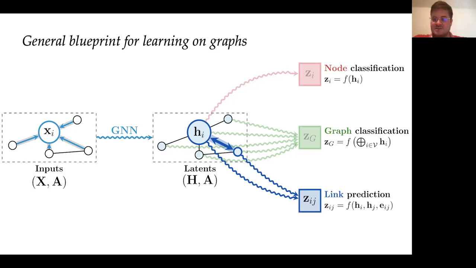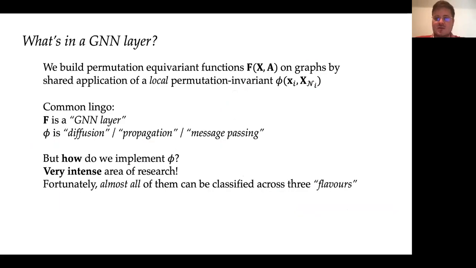And under certain circumstances and GNN architectures, you can set up an edge classifier or link predictor as some function that considers the features of the sender and the receiver node, so hi and hj for an edge ij, and potentially any edge features you might have between them. And based on this information, your classifier will predict, for example, a 0, 1 as to whether or not that edge should exist, or maybe some other property about this edge.